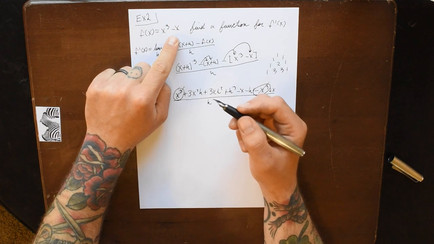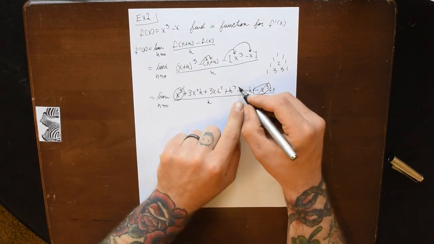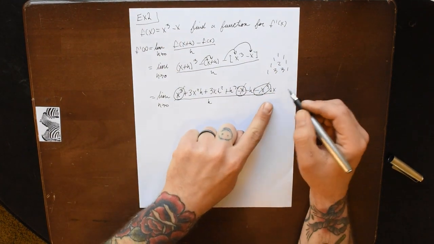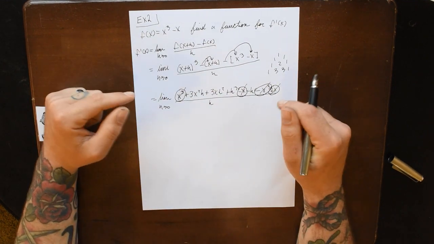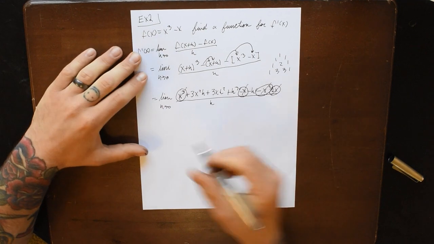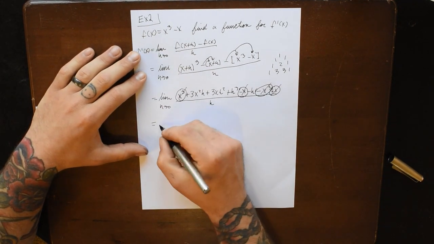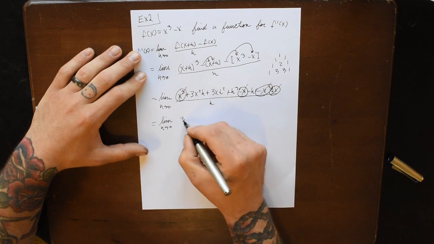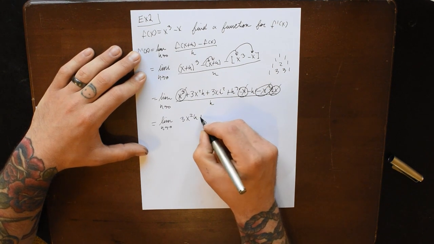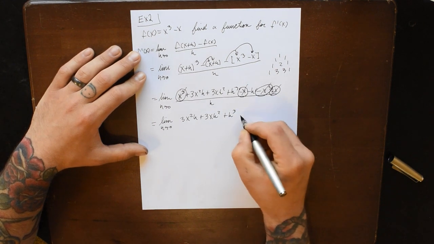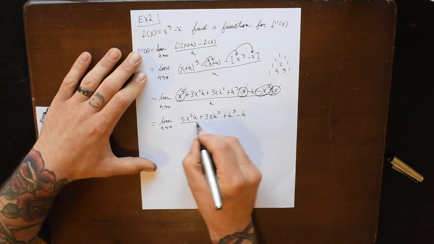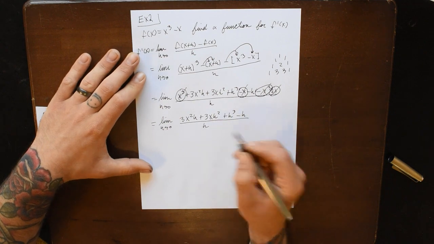I've got a minus x, I've got a minus x, and I've got a plus x. Now at this stage, I just like to go through and rewrite what I have. Equals the limit, as h goes off to 0, of 3x squared h plus 3x h squared plus h cubed minus an h, all divided by an h.